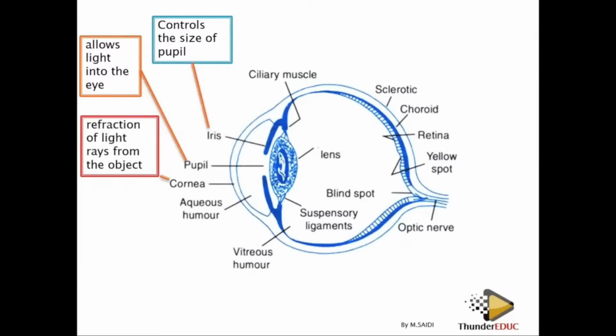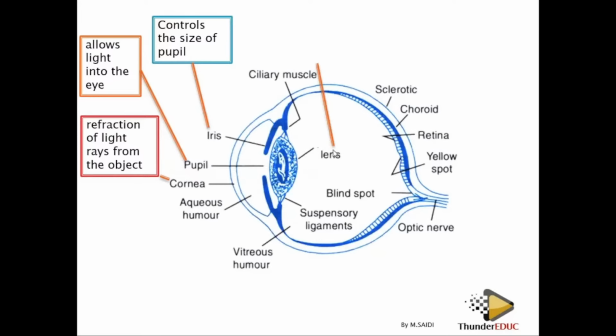So what causes that? It means that when the iris tries to pull away from each other, then the size of the pupil becomes big. Then when it tries to come next to each other, then it means that the size of the pupil reduces. So when the pupil size increases, it means that more light will enter the eye.